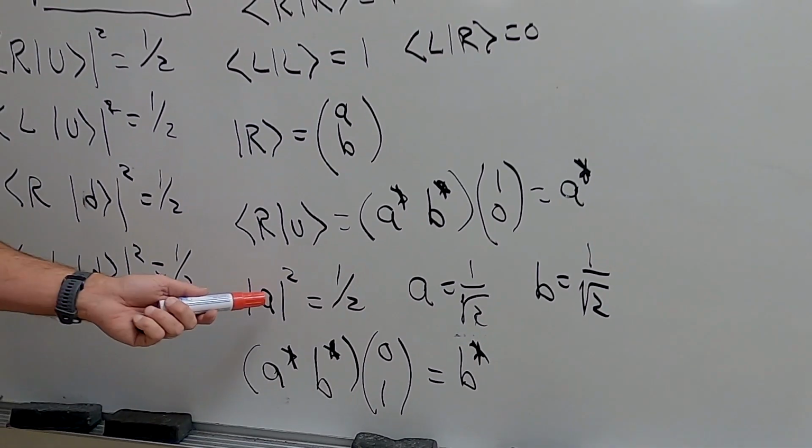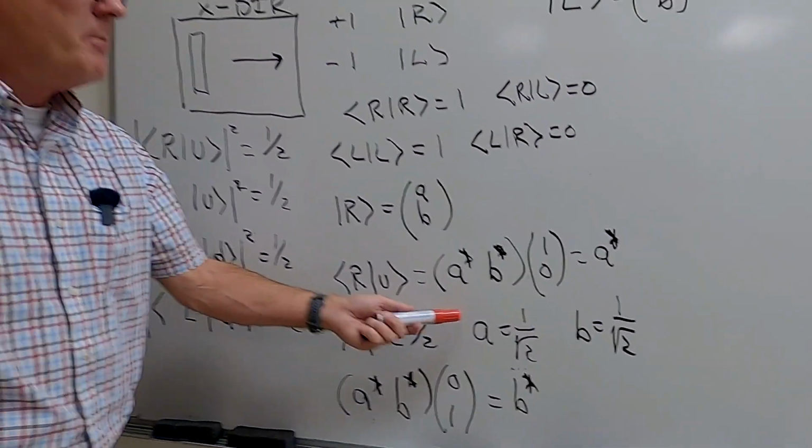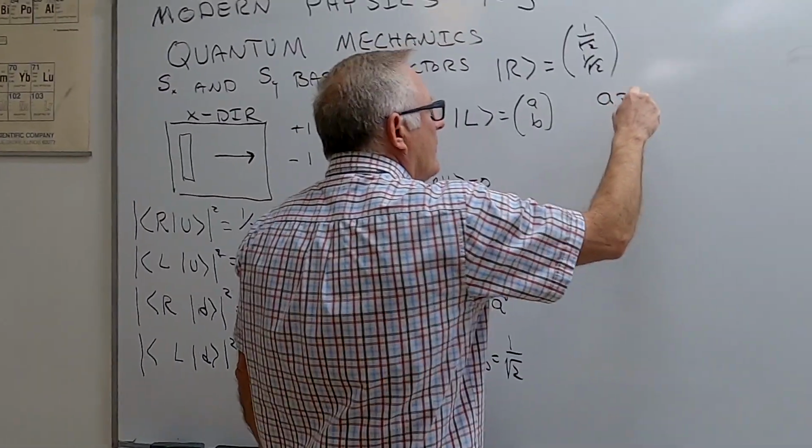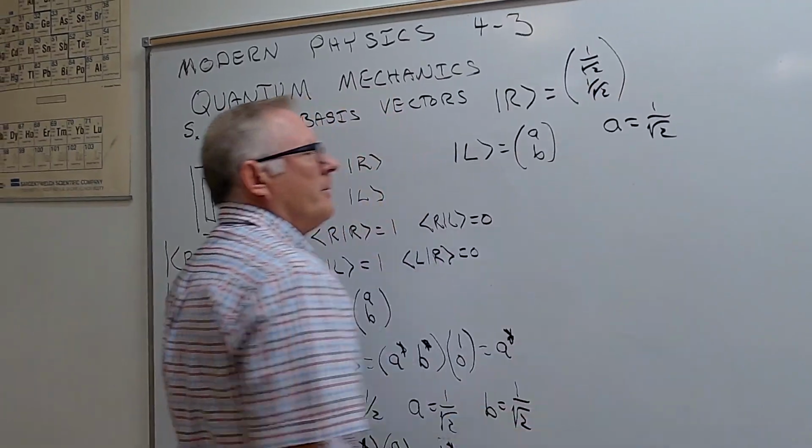We have other solutions here, but we're going to pick A equals 1 over the square root of 2.